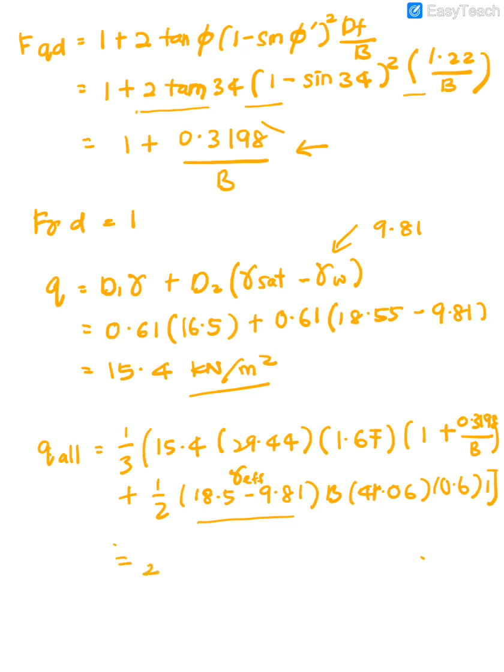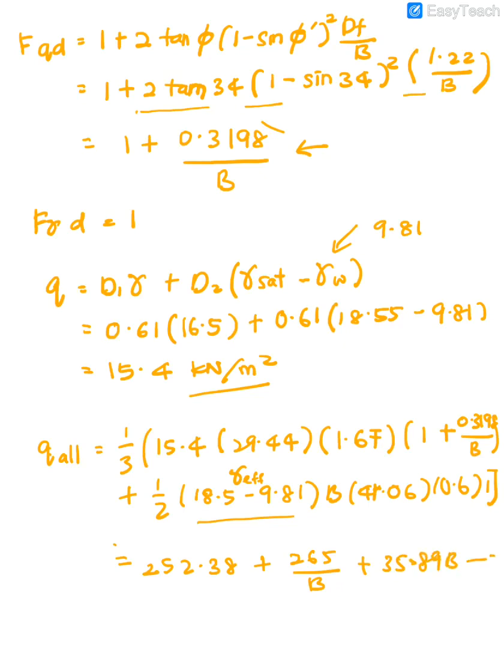You get 252.38 plus 265 over B plus 35.89B.